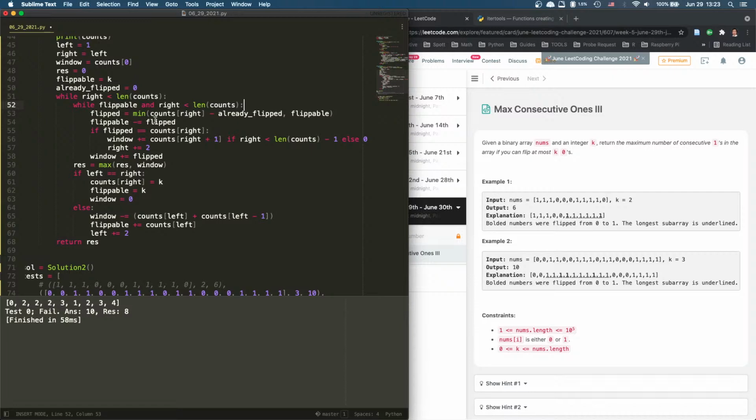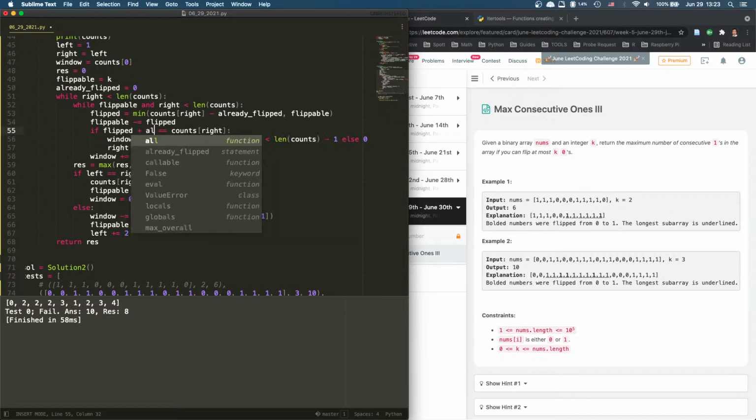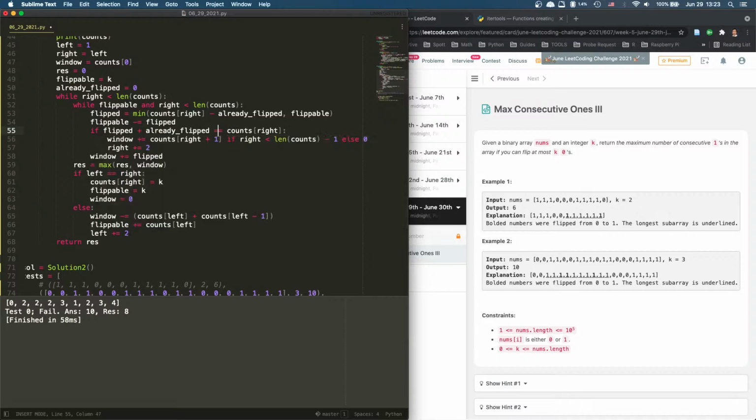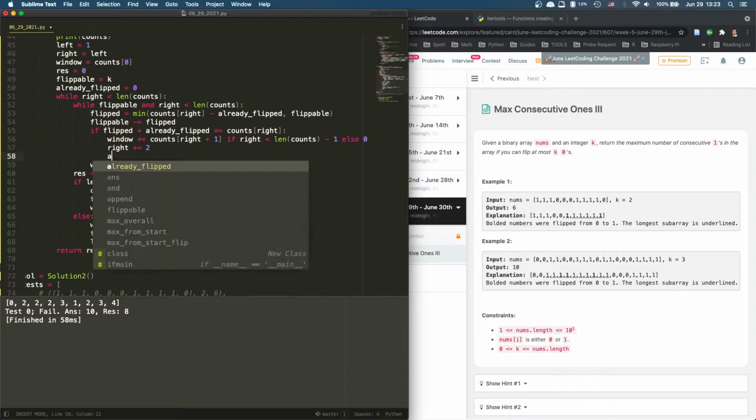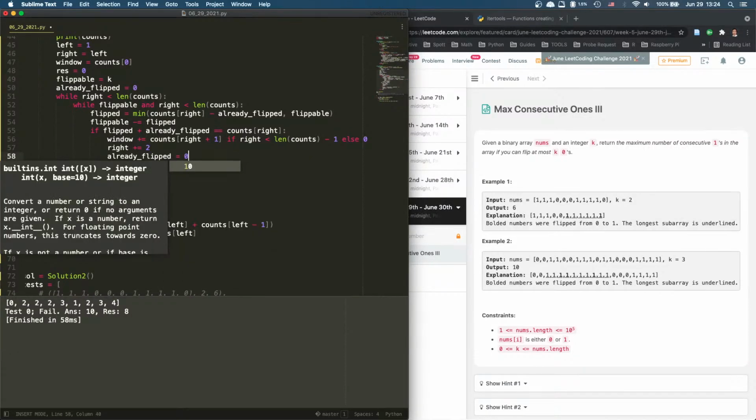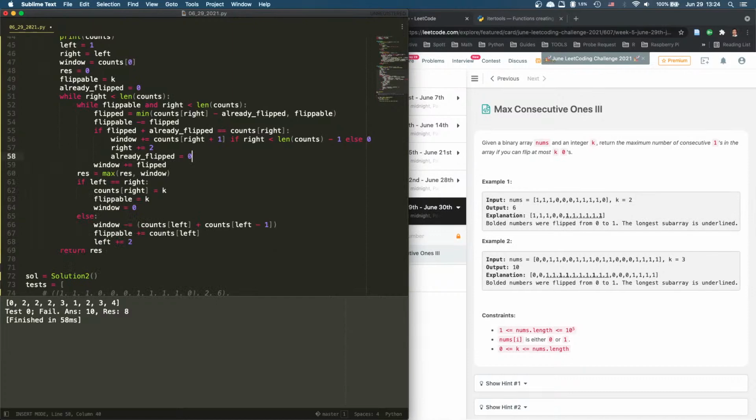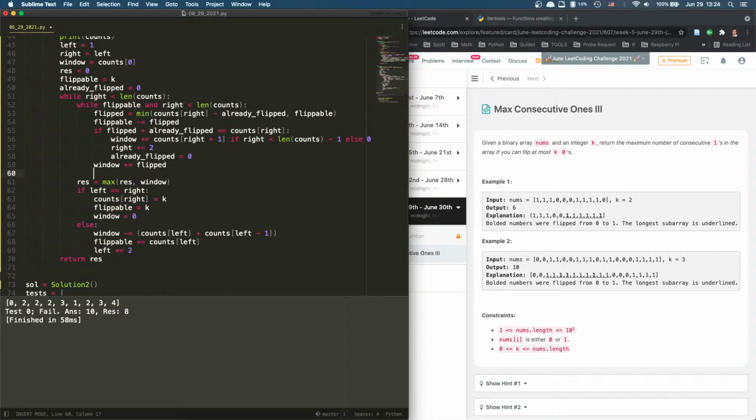So flippable is this. If flipped plus already flipped equals counts, right? Then we go on and reset already flipped to 0. Otherwise, windows plus this, and already flipped equals flipped, right? Already flipped equals flipped.